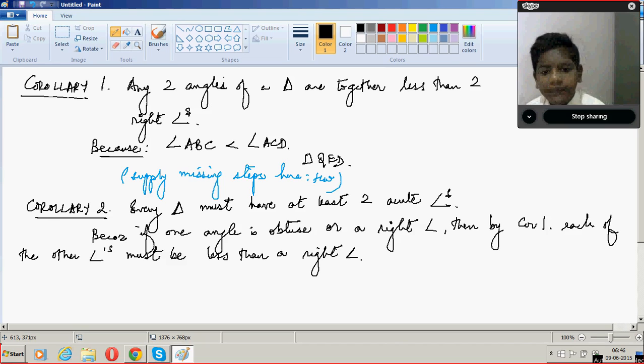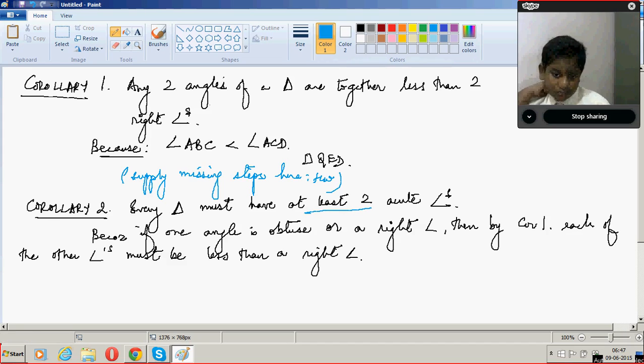But previously it is meant that any two angles are together less than two right angles, sir. Two right angles means 180 degrees. See, understand it this way. What does it say? Every triangle must have at least two acute angles.